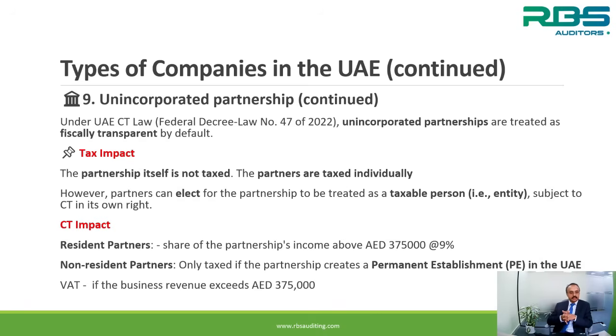CT impact: resident partners are taxed 9% on their share of profit or income above 375,000. A non-resident person is only taxed if the partnership creates a permanent establishment in the UAE. VAT applies if the business revenue exceeds 375,000. All these conditions apply once it is an individual or under a company name.